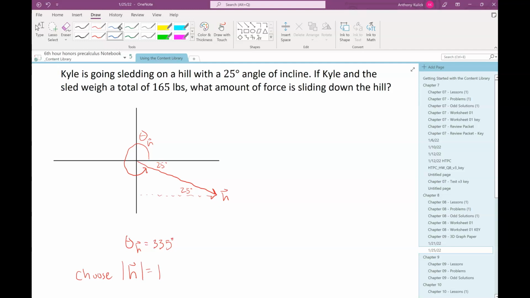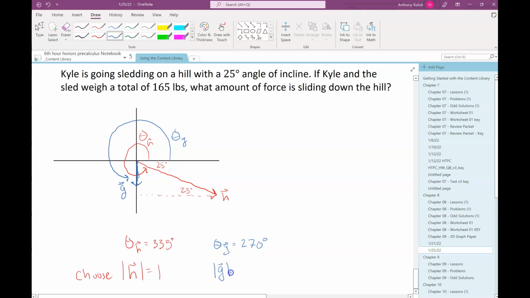So our second vector, here I'm going to call vector G. The direction for vector G is 270 degrees, and the magnitude for vector G is the 165 pounds.